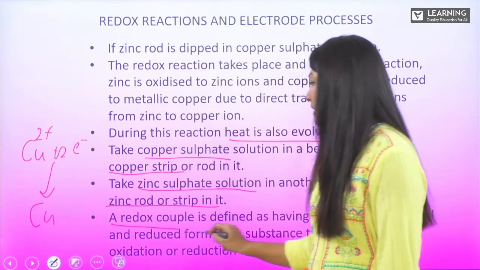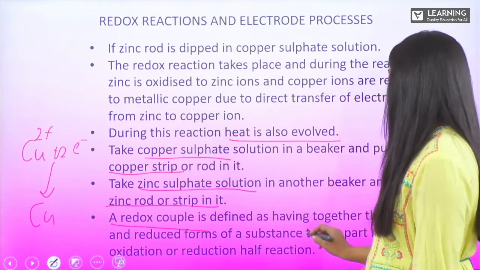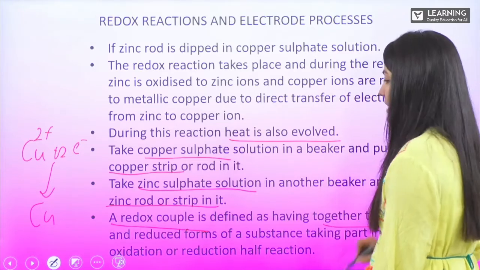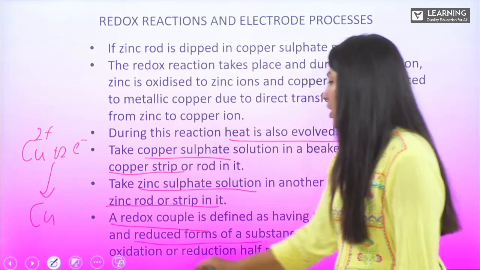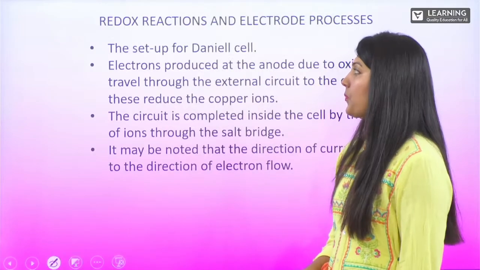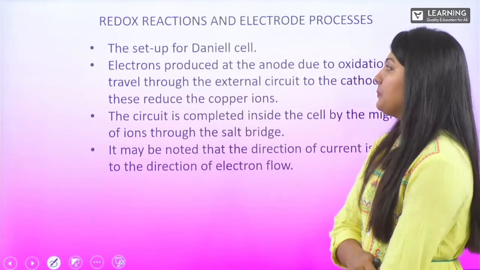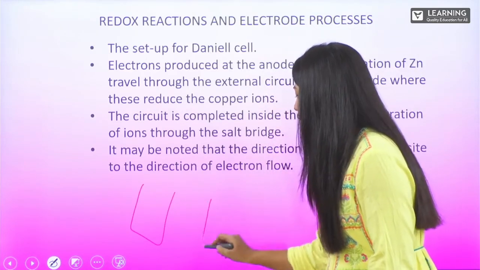So a redox couple is defined as having together the oxidizing and reducing forms of the substance taking part in the oxidation and reduction half reaction.